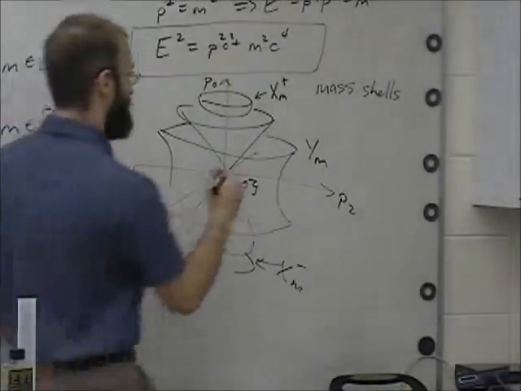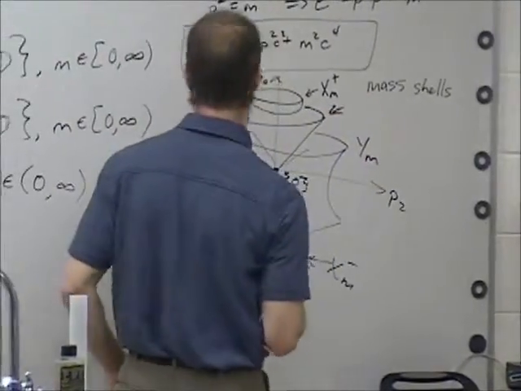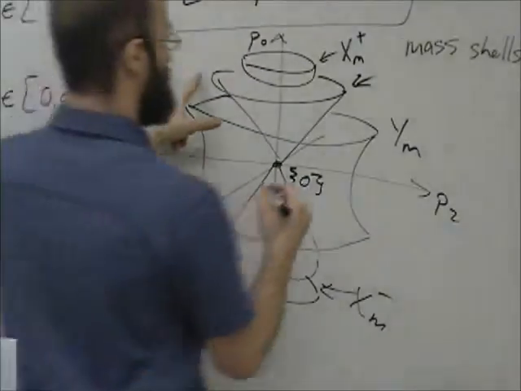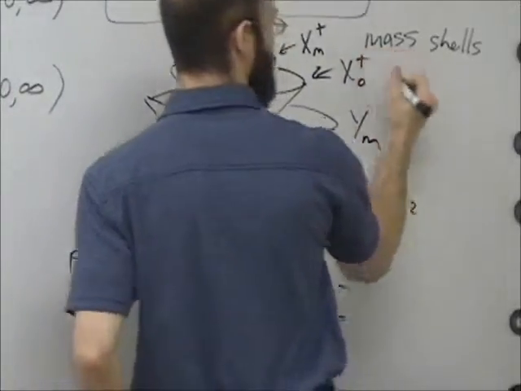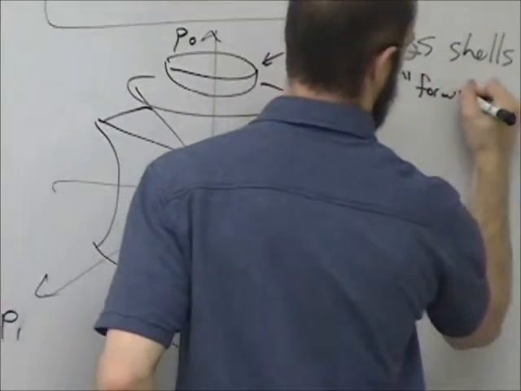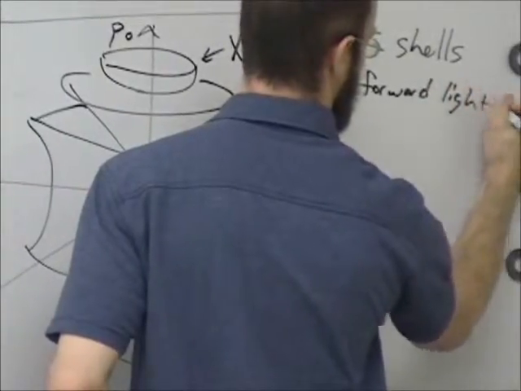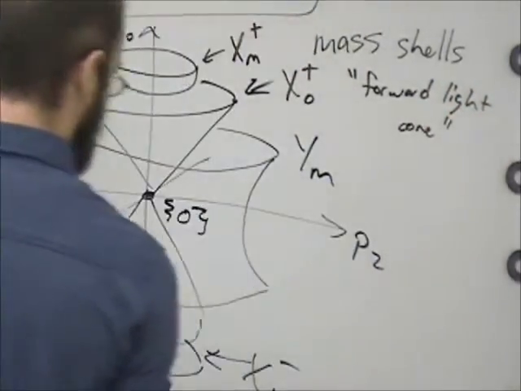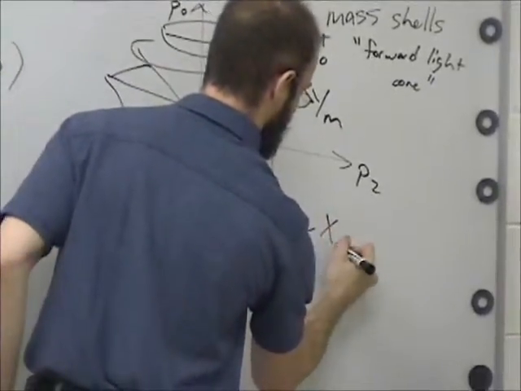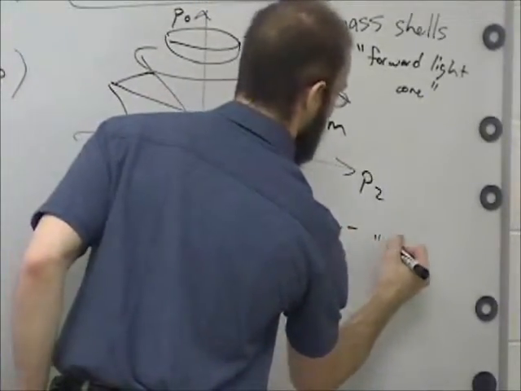Xm can be 0, remember I said that? So this is actually x0 plus, that forward light cone. And right here, that is x0 minus, the backward light cone.